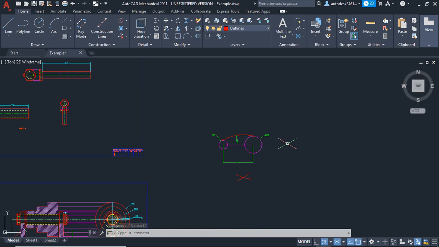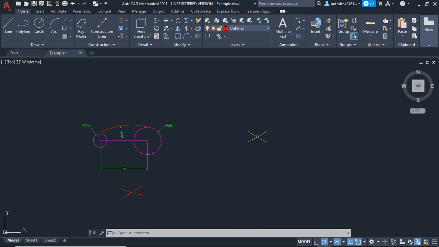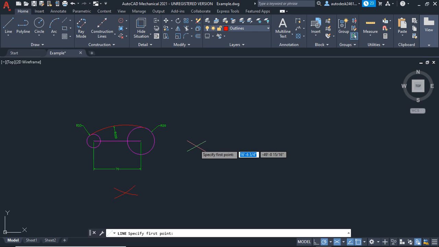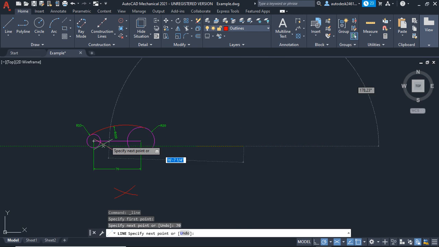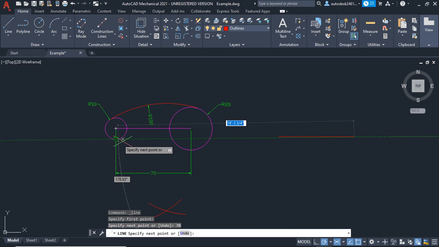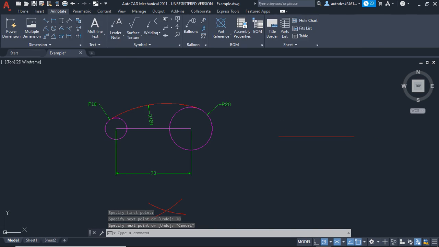So what I'm going to do is, on the right side here, I'm going to reproduce the drawing. So the first thing I'll draw, that center line going across, which is 70. So once I have that 70 drawn, let me dimension it to check to see if it's correct.